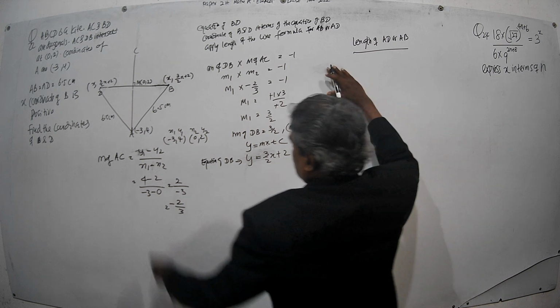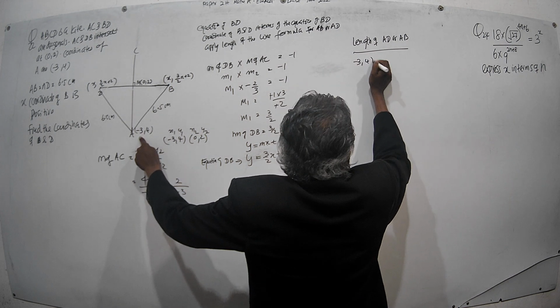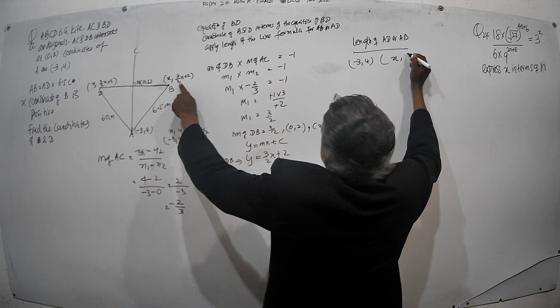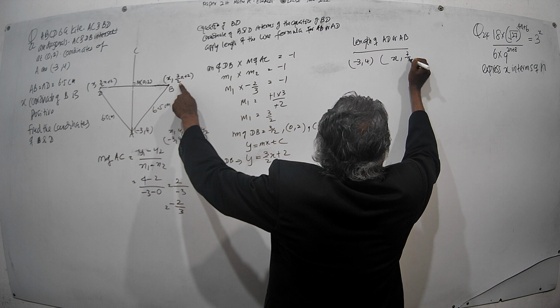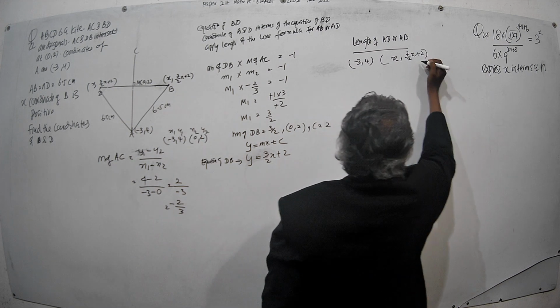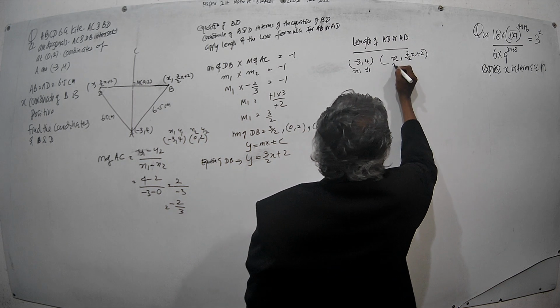First of all, take those two points. A is (-3, 4). The other one is (x, 3 over 2 x plus 2). Then this one we take as x1, this as y1, and this one as x2.